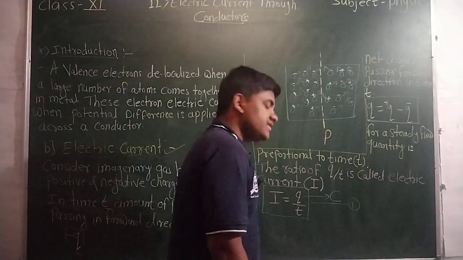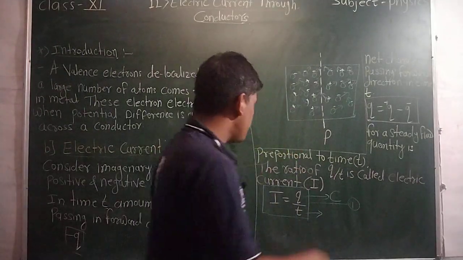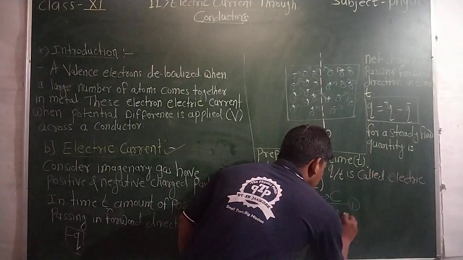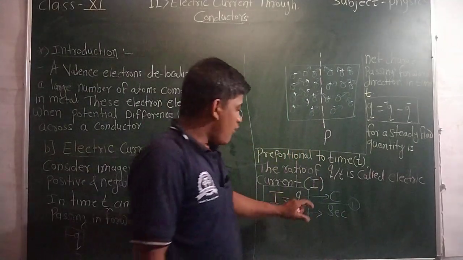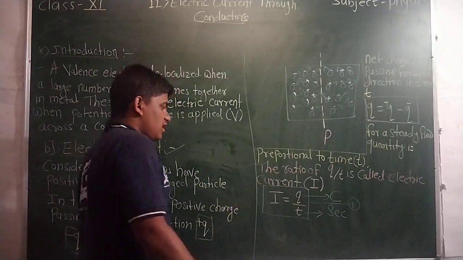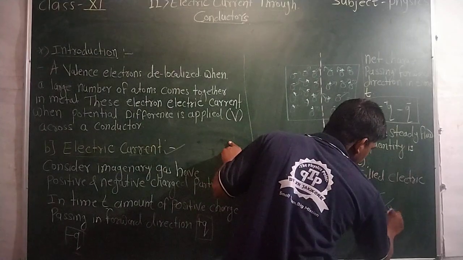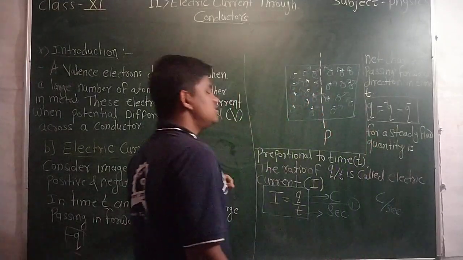The denominator is t, which is time, and its unit is second. Then by the formula of electric current, the unit of electric current is coulomb per second. बट दिस इज द नॉट युजफुल.